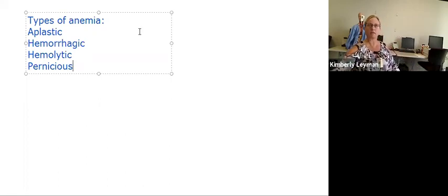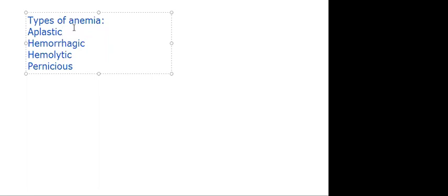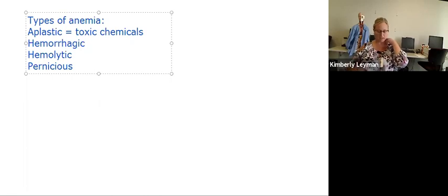And in our Kahoot game, how did I say that I remember the aplastic? Because plastic is a toxin. It's toxic, yes. Okay. So being exposed to toxic chemicals can cause destruction of bone marrow.